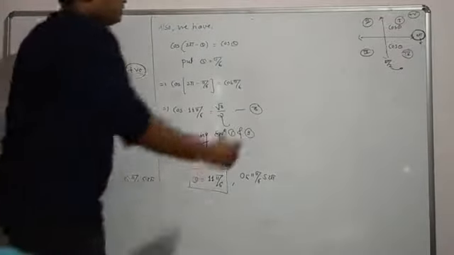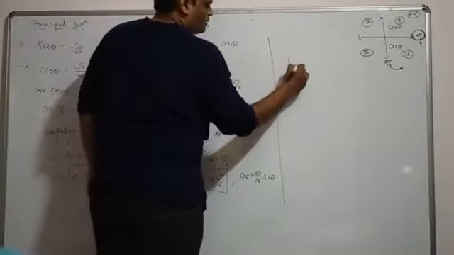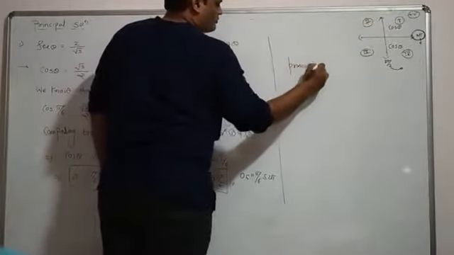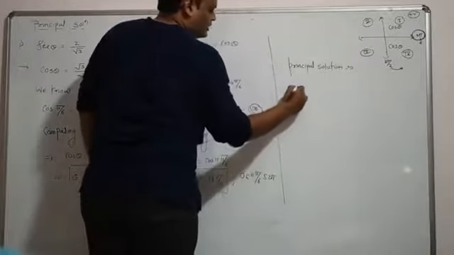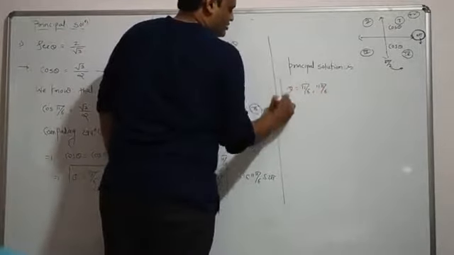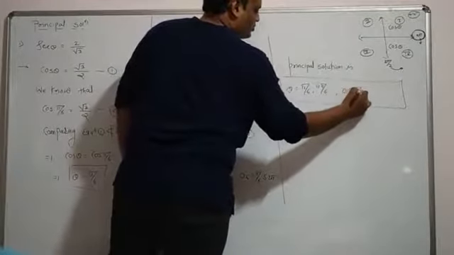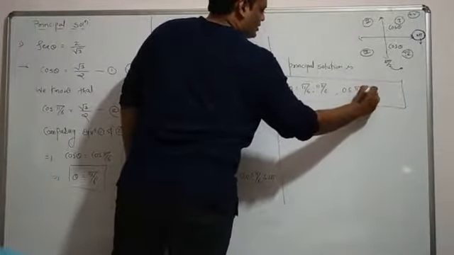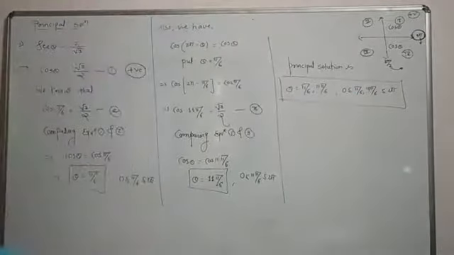So what is your answer? Therefore, the principal solution is theta is equal to pi by 6, 11 pi by 6, where 0 is less than or equal to pi by 6, 11 pi by 6 is less than or equal to 2 pi. Okay, so that is the principal solution for this trigonometric equation.